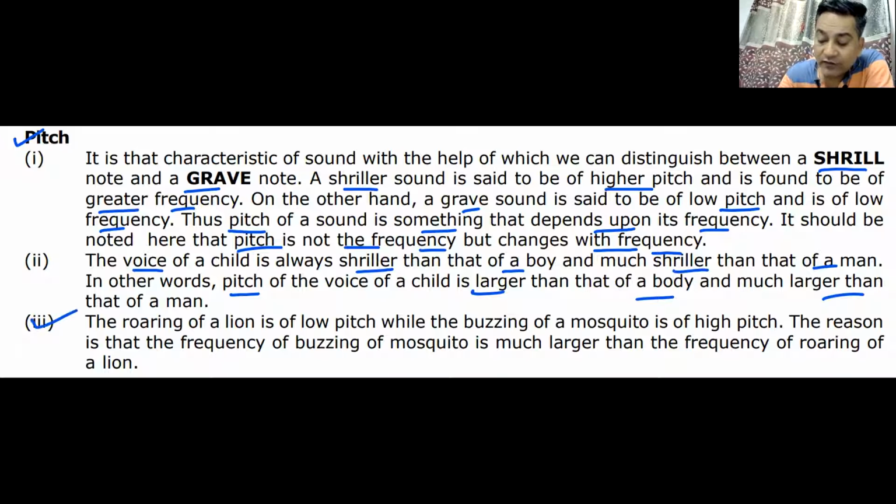The roaring of a lion is of low pitch, but the buzzing of a mosquito is of higher pitch. This is how you can understand which is a shriller voice. The buzzing of a mosquito is shriller, whereas the roaring of a lion is grave. Do we understand this? Yes, sir. Please note it down, mark it, because questions from this have come many times.